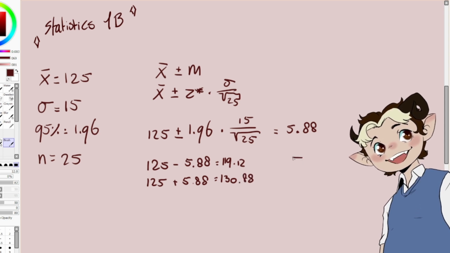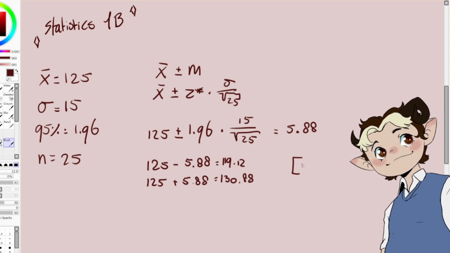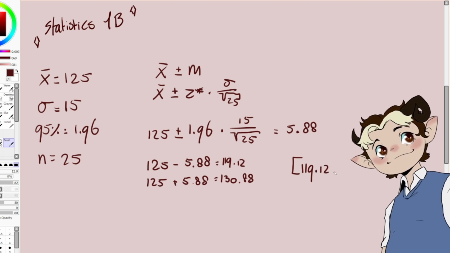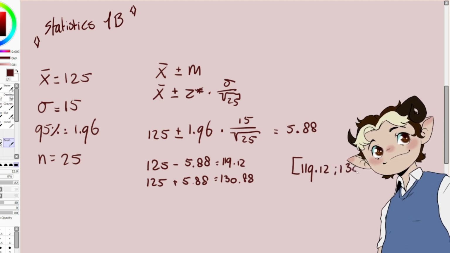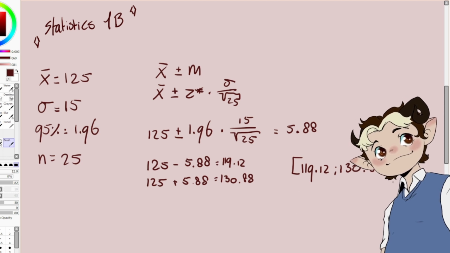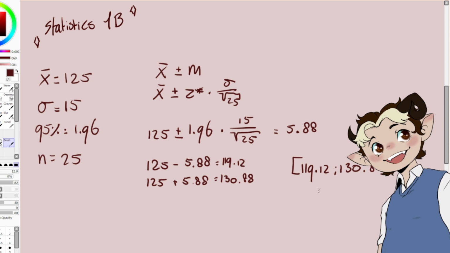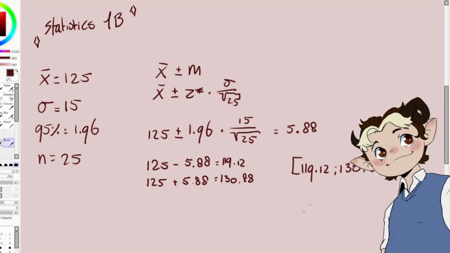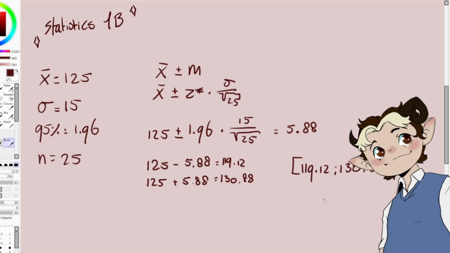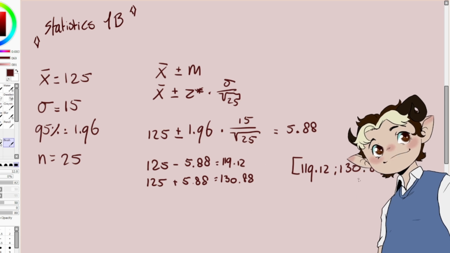So we can say with 95% confidence that the true population mean will be between 119.12 and 130.88. So with 95% confidence, we can say it falls in between here. Obviously, there's the 5% that it will be smaller or higher, but with our sample, this is what we conclude.